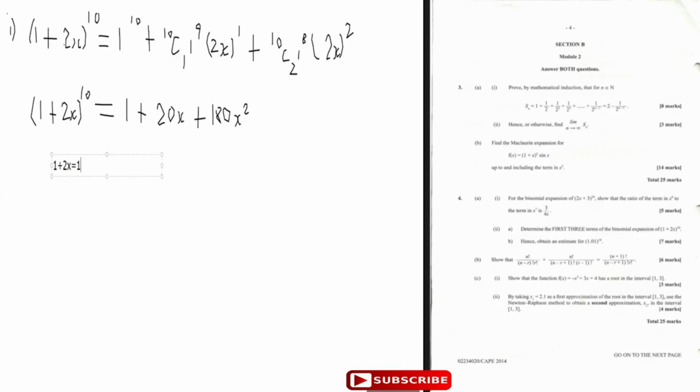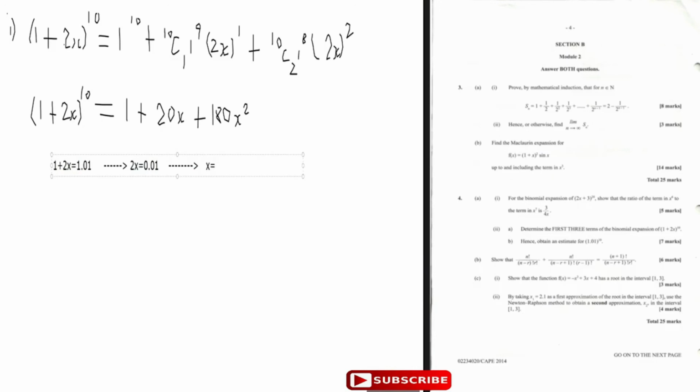In reality, we're saying that 2x is equal to 0.01, and so x is equal to 0.01 divided by 2.